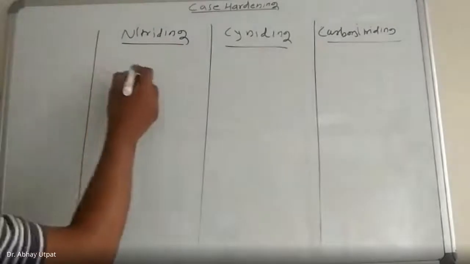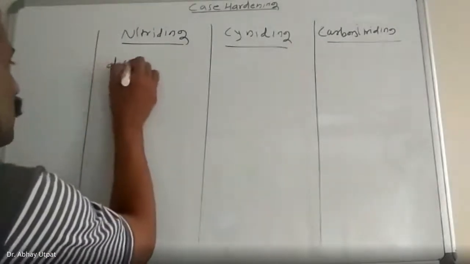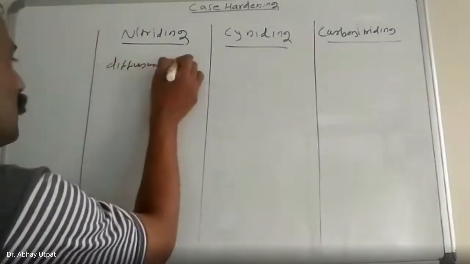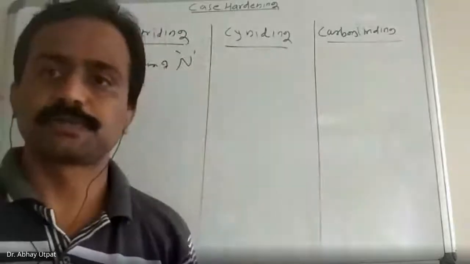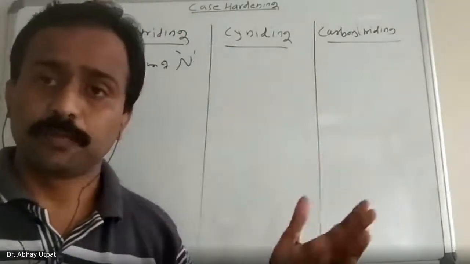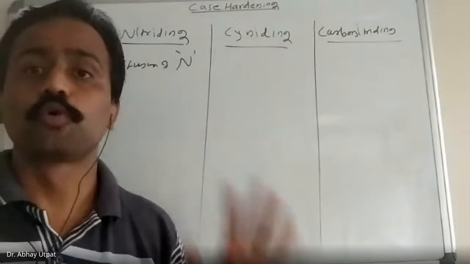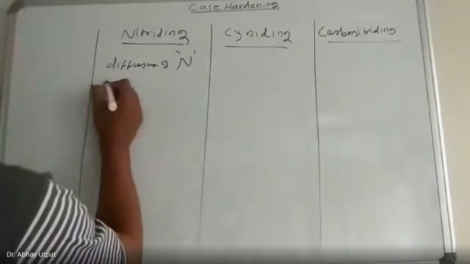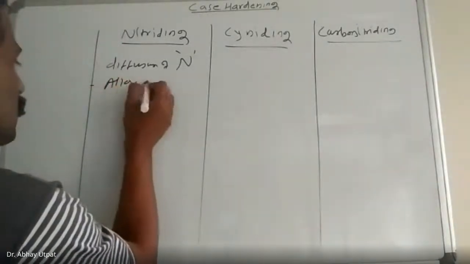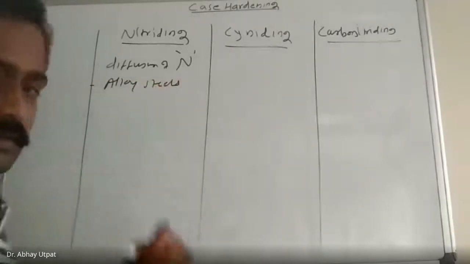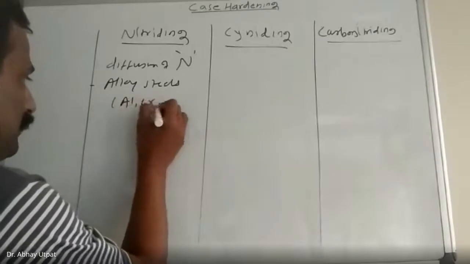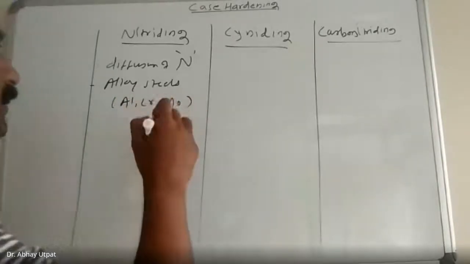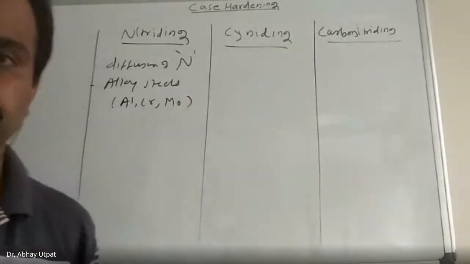Nitriding is diffusion of nitrogen. It consists of diffusion of nitrogen into the surface of steel. The carburizing process was carried out for low carbon steel. This is carried out for alloy steels, usually with aluminum, chromium, molybdenum as alloying elements.